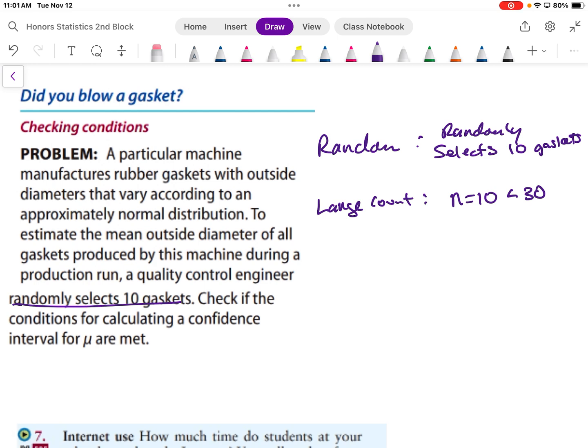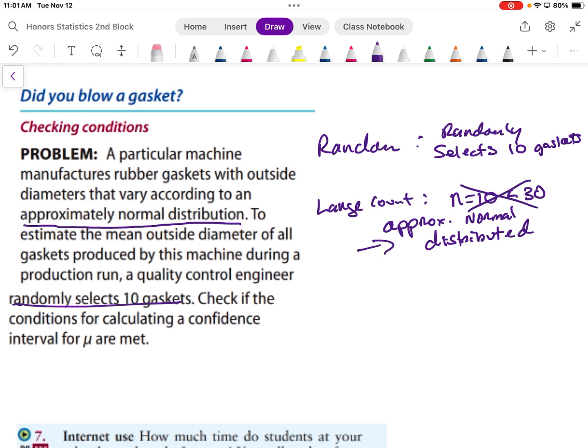However, they do tell us that it varies according to an approximately normal distribution. They tell us that it's approximately normally distributed. So with that in mind, we don't have to worry about the sample size being 10.